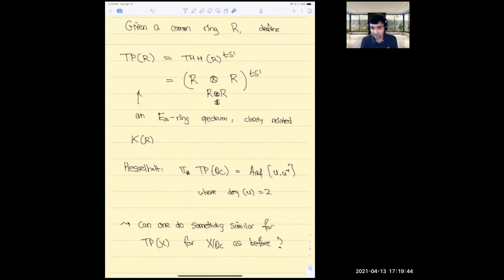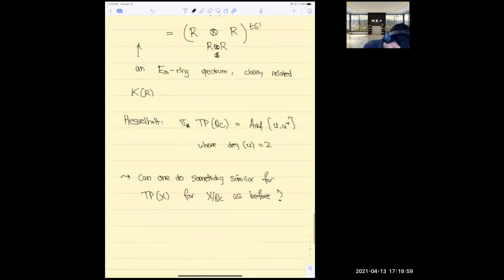And so the answer that I mentioned in some form at the end of my talk yesterday is that yes, you can do this. There is a filtration on TP of X, and the associated graded of the filtration is given by prismatic cohomology.